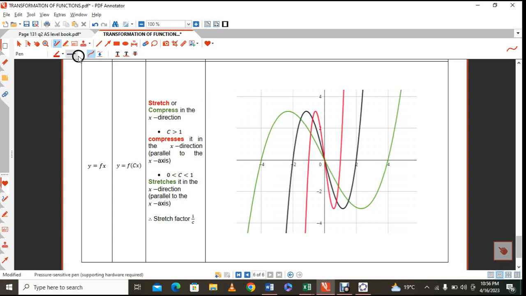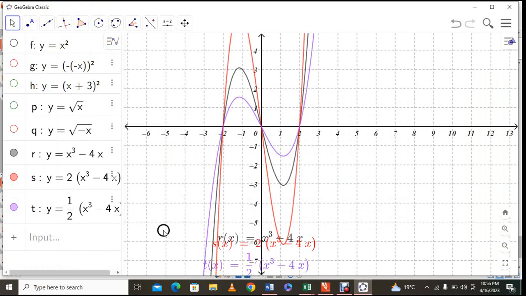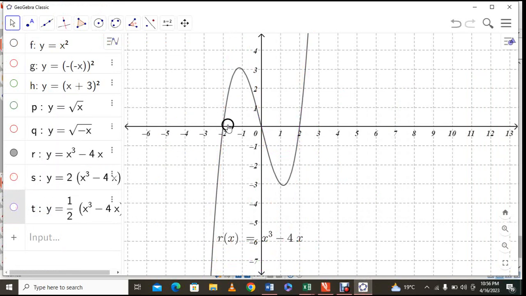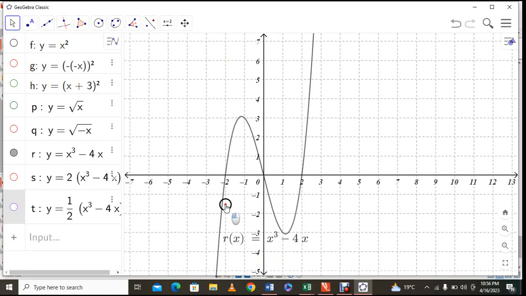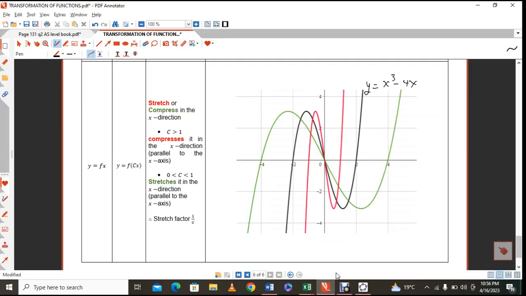So let's bring in the black one. The black one again is our function y equals x cubed minus 4x. It's that same one that I'm talking about. You get it? All right. So if we now do things to the function, this is important that you understand. Let's first have the red.